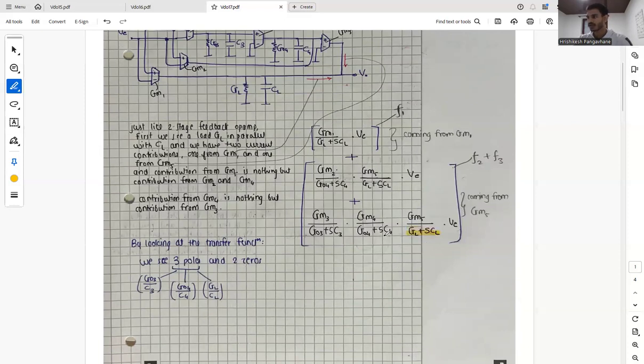How? We have three poles, and when we make the denominator equal for all the terms, we get a quadratic equation in the numerator as well, and that gives us two zeros. From here we can see that our poles lie at the values GL by CL, GO4 by CO4, and GO3 by CO3.